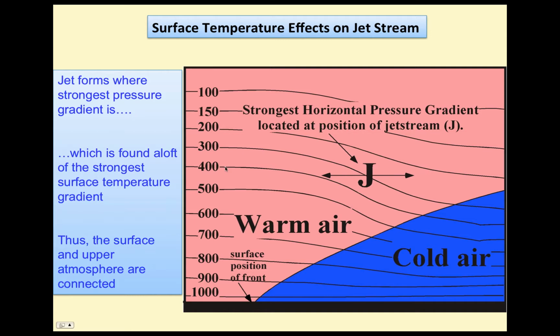And here, if the pressure gradient is going from the warm air towards the cold air, it's going to try to push the wind towards the north here, towards the cold. In the Northern Hemisphere, that'll turn, due to the Coriolis effect, out of the page here, or out of the screen looking at you. So this forms a jet stream where that pressure gradient is strongest. And the real key here is that the surface temperature gradient is connected to the upper level pressure gradient and therefore winds.